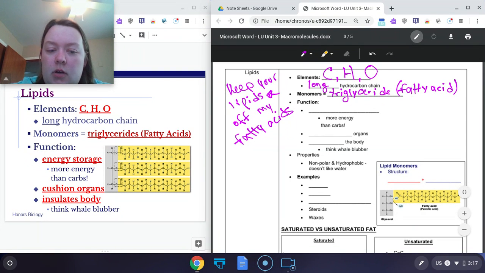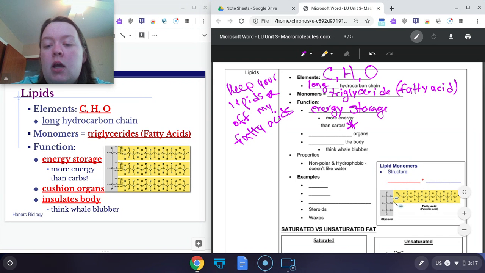And the function of lipids in living organisms is to store energy. So energy storage oftentimes happens in the fat. Now, lipids store much more energy than carbs because this is long-term energy storage, not short-term, but long-term.